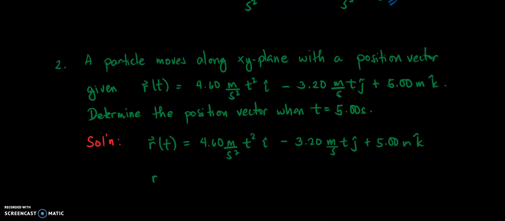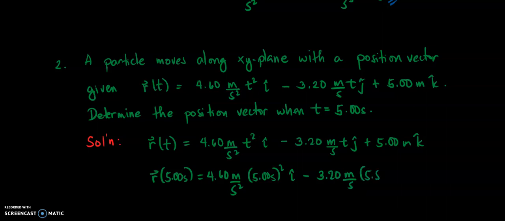So we have r of 5 seconds is equal to 4.60 meter per second square times 5 second square i hat minus 3.20 meter per second times 5 seconds j hat plus 5 meters k hat.